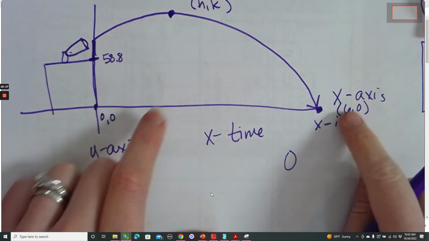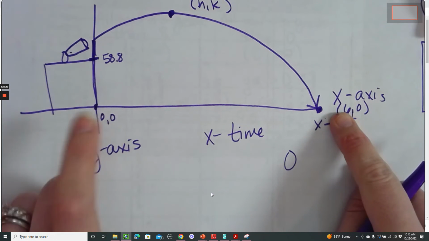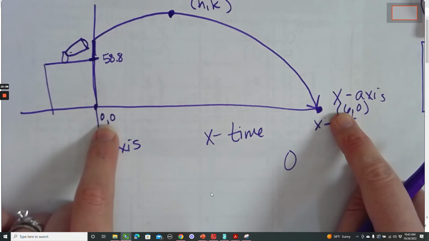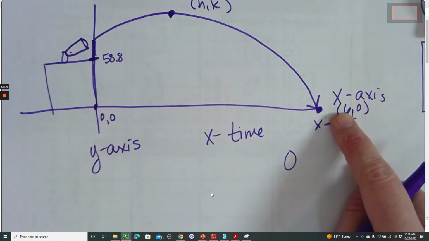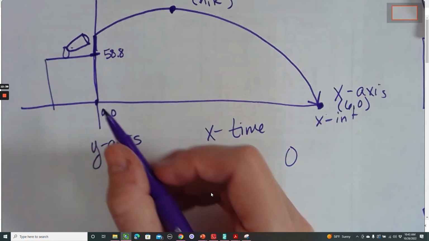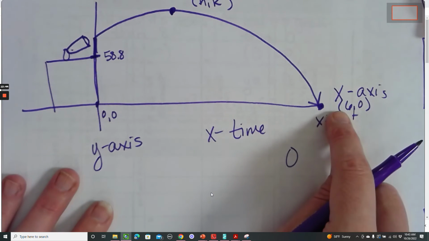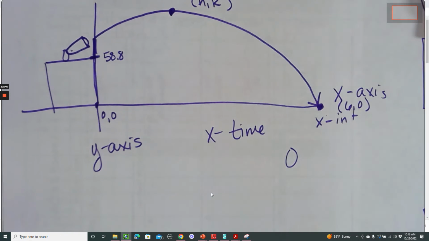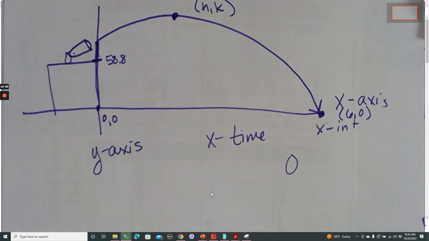So verbally, how would I say my domain? Can an x be equal to 0? Yeah, and that would give me the height of the cannonball before that cannon's launched. So we know we can include 0. Can the x be a 6? 6 is included. That is when that ball goes and it stops. So 6 is a value in the journey of this cannonball.